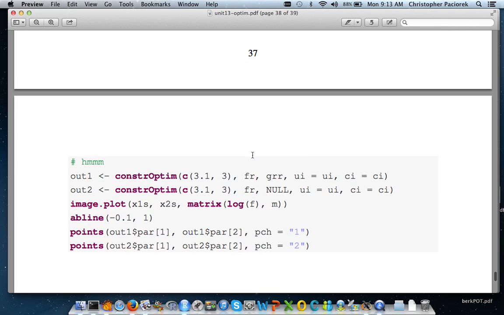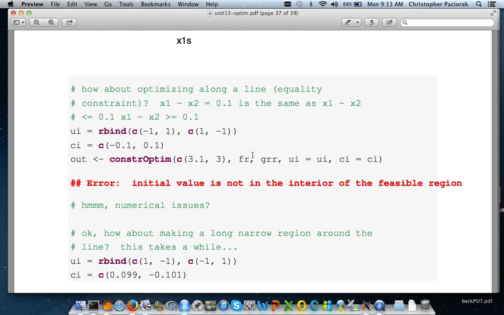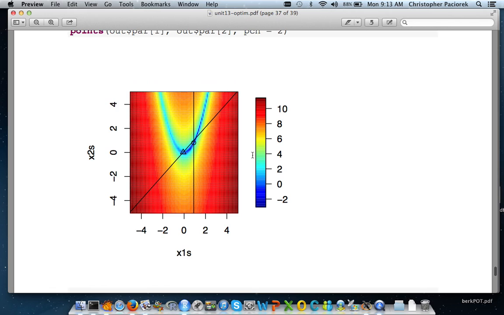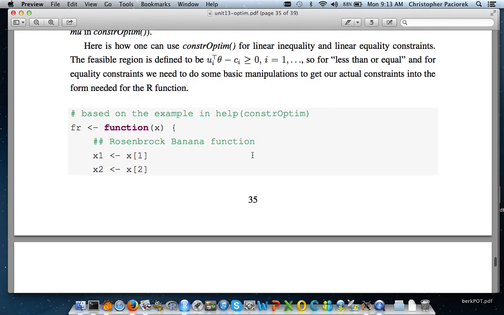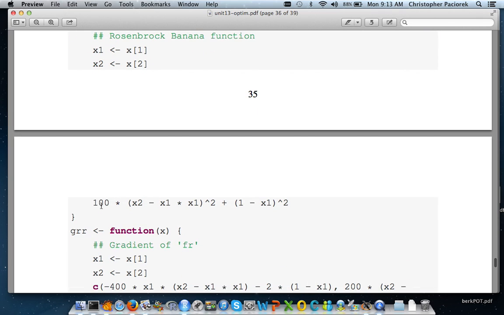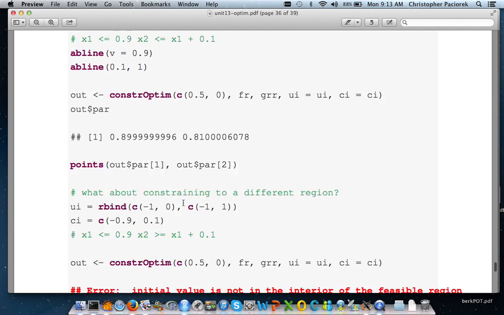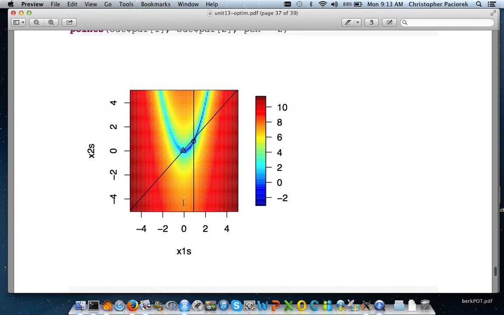But just to show you a little of what's available in R, I'm taking this function called the Rosenbrock banana function, which is just this function here, on this line here. And if we plot that, it looks like this. It's only 2 dimensions, but in some ways it's a bit of a complicated function to optimize.